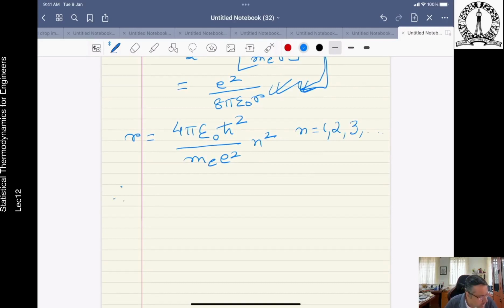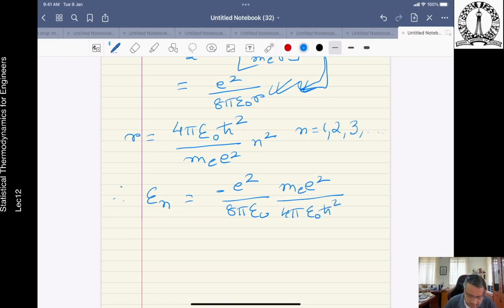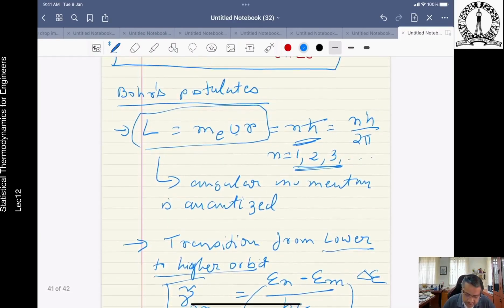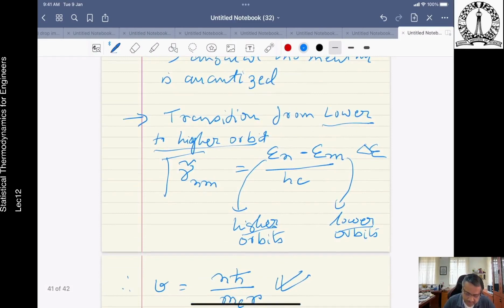Therefore, E_n, the energy at any particular nth energy level, is 2 pi naught m_e e square divided by 4 pi epsilon naught h bar square n square. All right, that comes from the expression that we just now saw here, right?